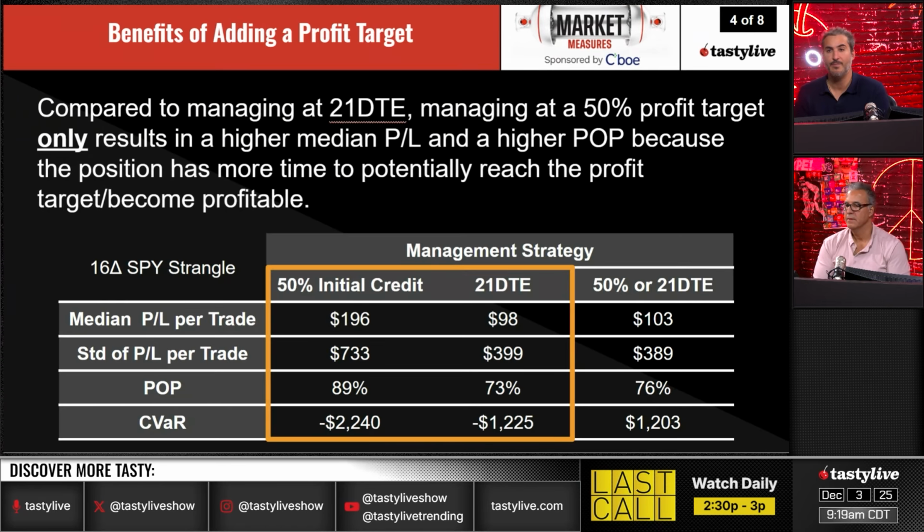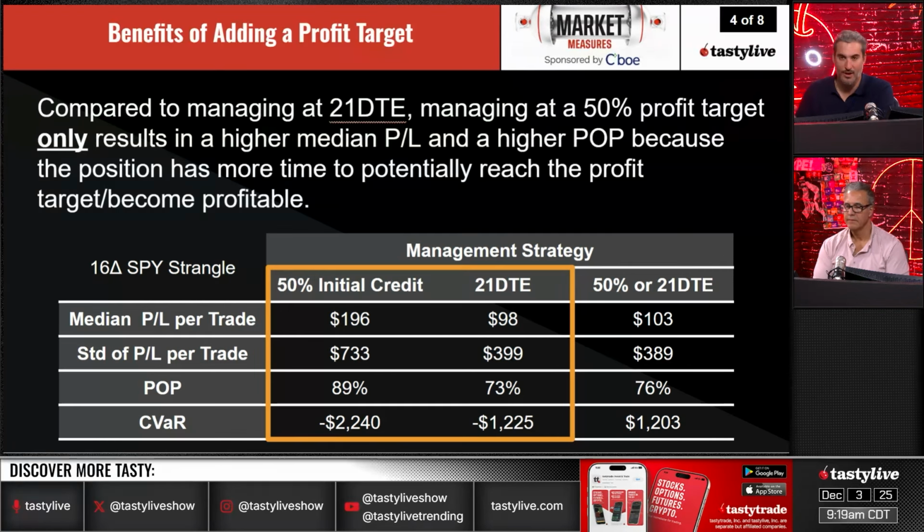Next slide here. So comparing managing at 21 days and managing at 50% results only. Managing at the 50% profit target resulted in a higher median P&L and a higher POP, because the position has more time to potentially reach the profit target and become profitable. So you can see, managing the trade at both 50% and 21 days are going to be high POP decisions.